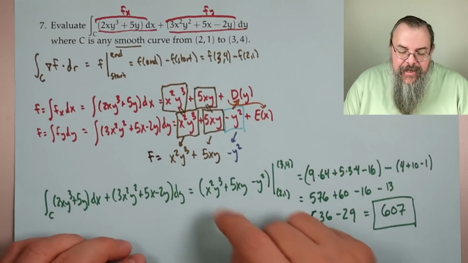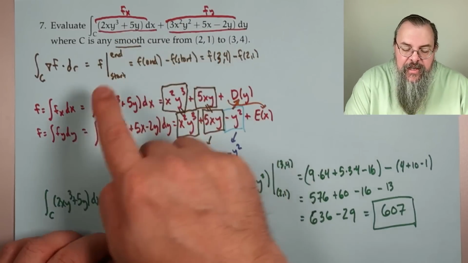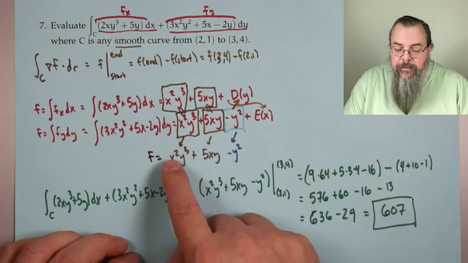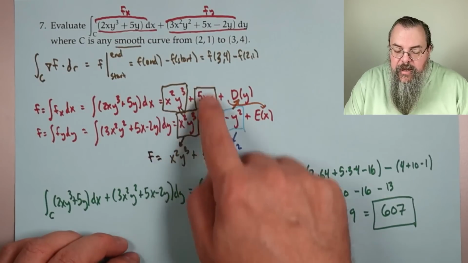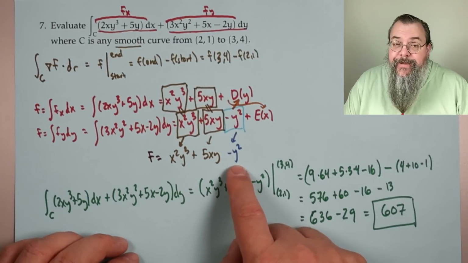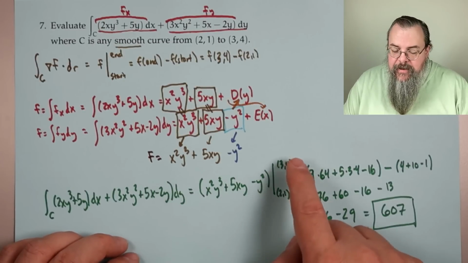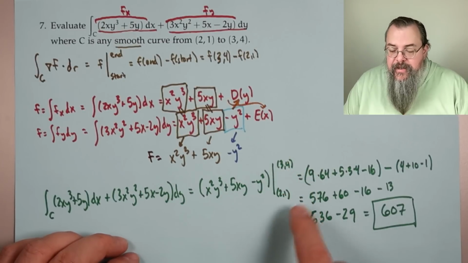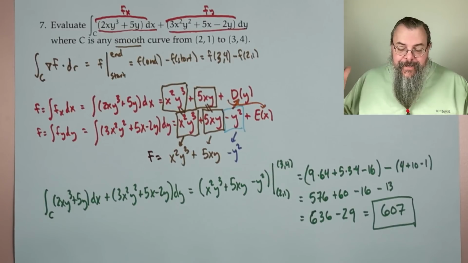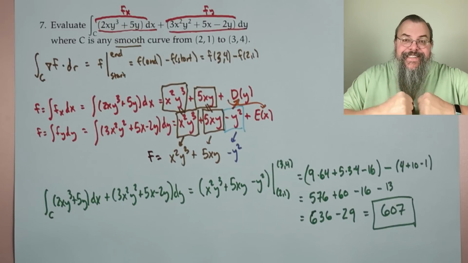And so how do you find it? You have the partial derivatives, integrate, and check for consistency, put it all together. So you have the overlap, and then the non-overlap pieces, and there's your potential. Then you evaluate that, end minus start, and plug it in. And that's it. There we go. Woohoo! Nice!